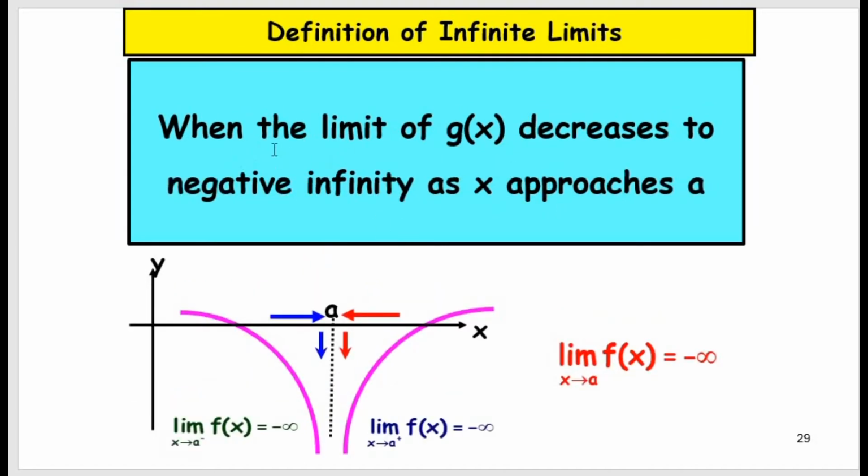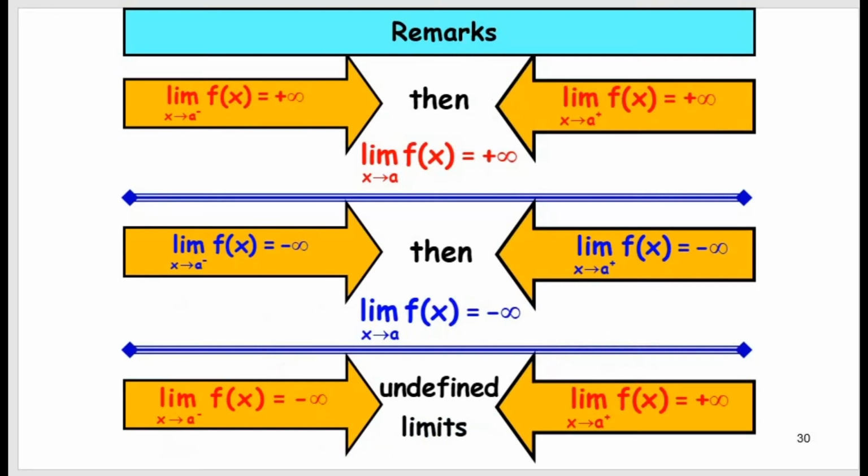But when the limit of f(x) decreases to negative infinity as x approaches a, then you can see that it approaches negative infinity, and the answer should be negative infinity.